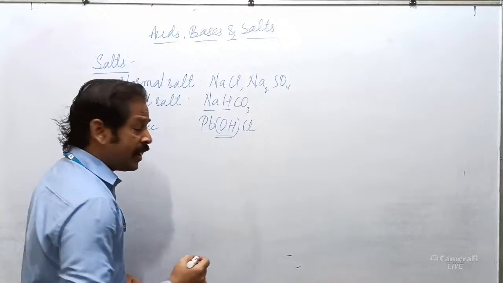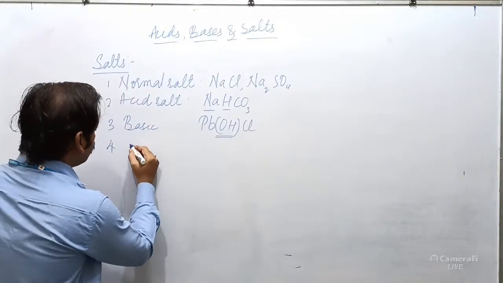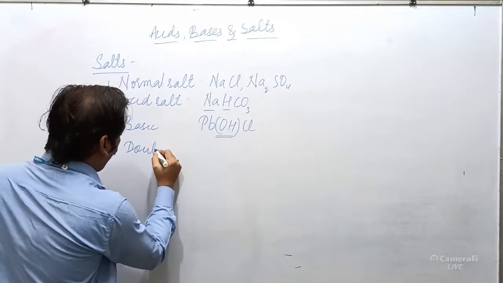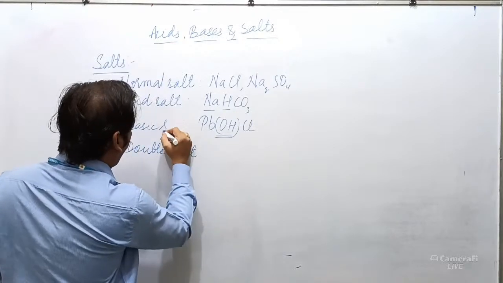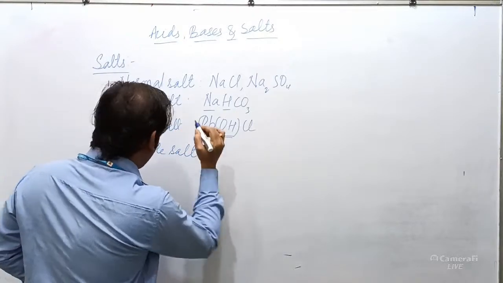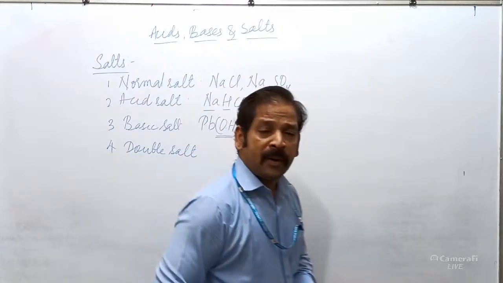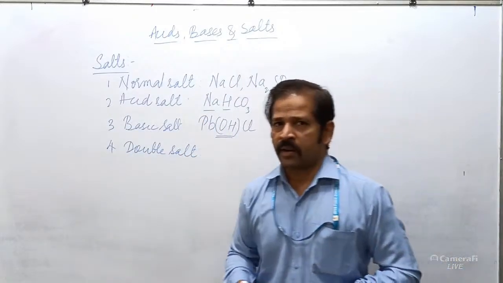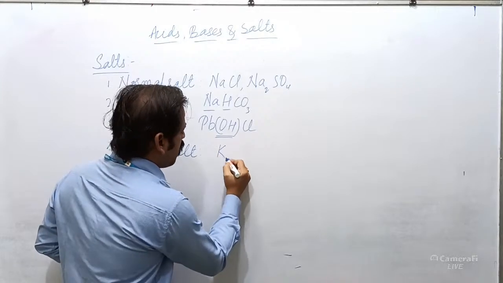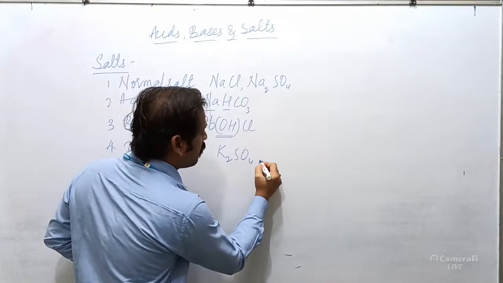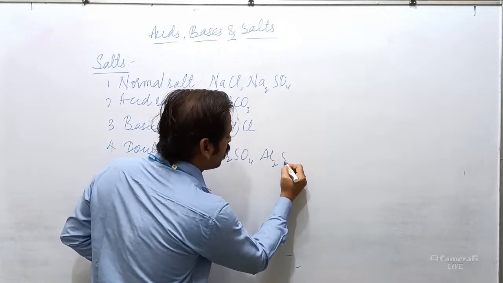The fourth salt is double salt. The double salt example is potash alum, as per your syllabus, remember. Potash alum is potassium sulfate and aluminium sulfate.